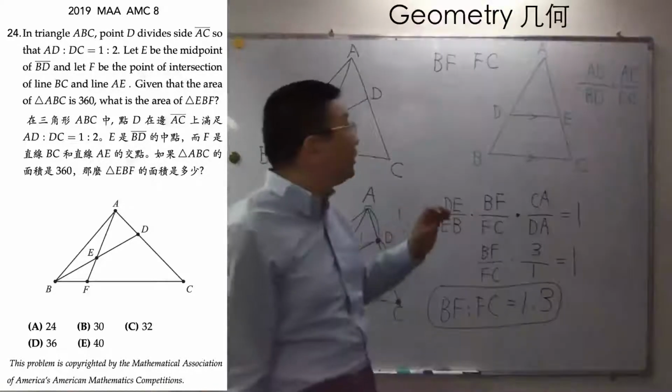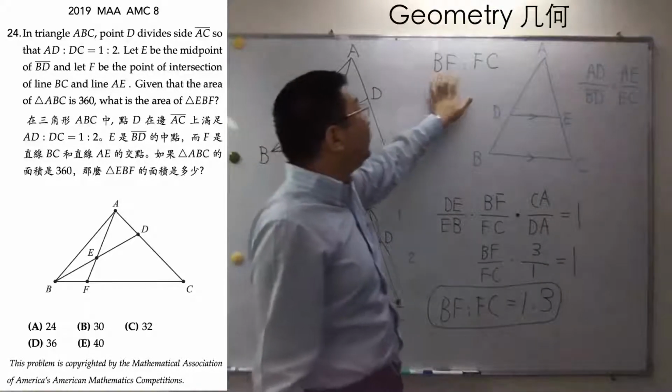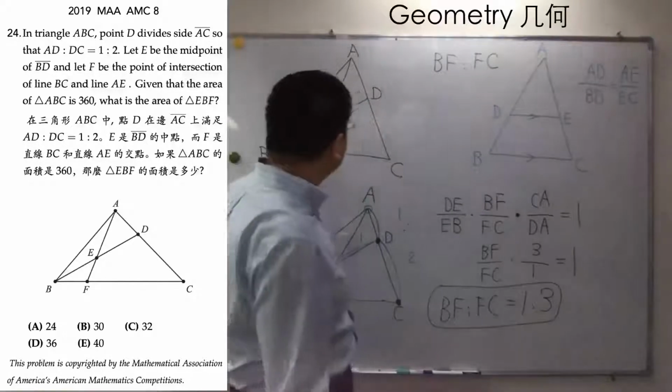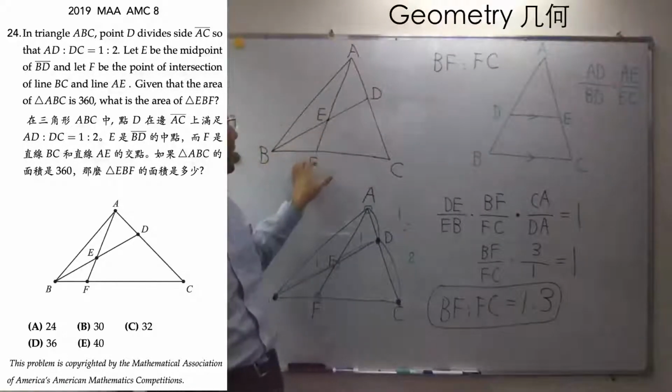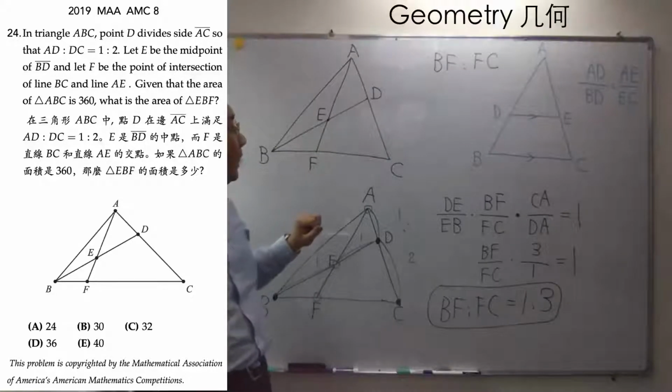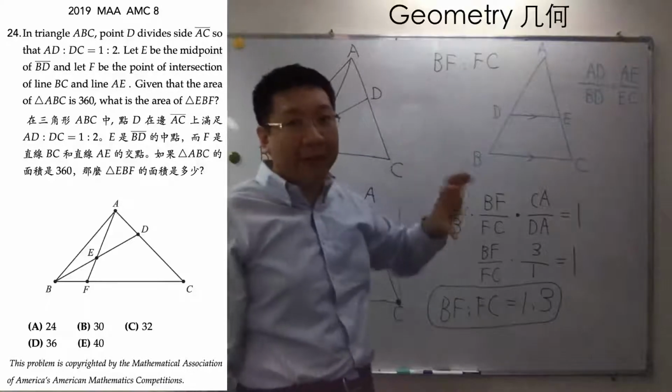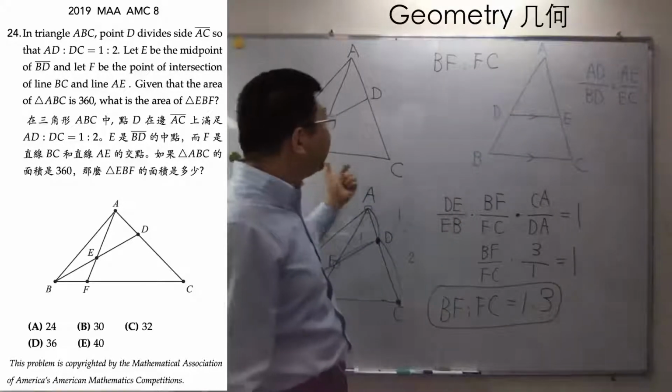We get the ratio of BF to FC, because that ratio will be essential in calculating the area BEF. And that also can serve as a general method to solve this kind of ratio problem.